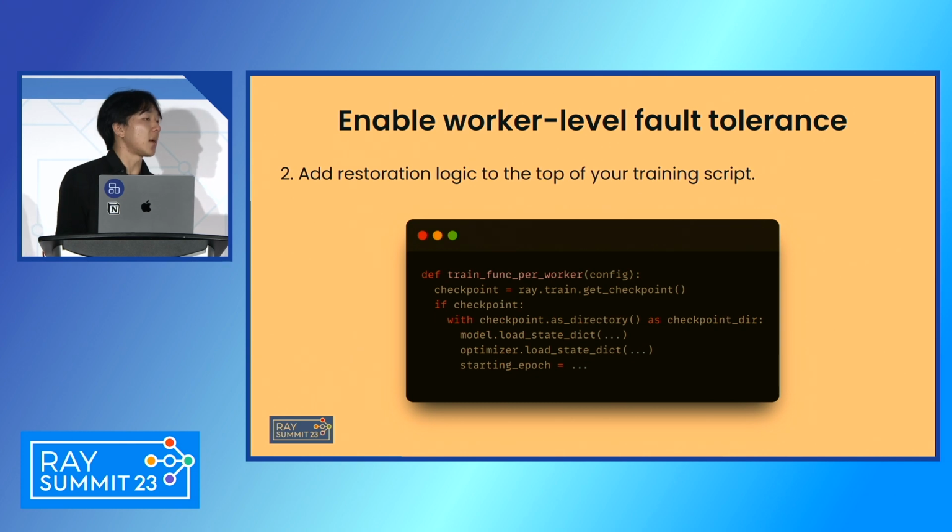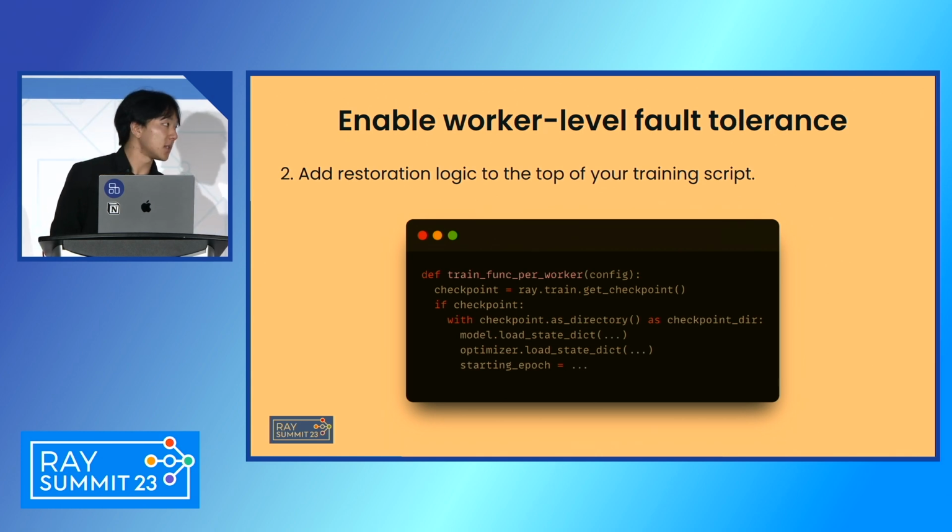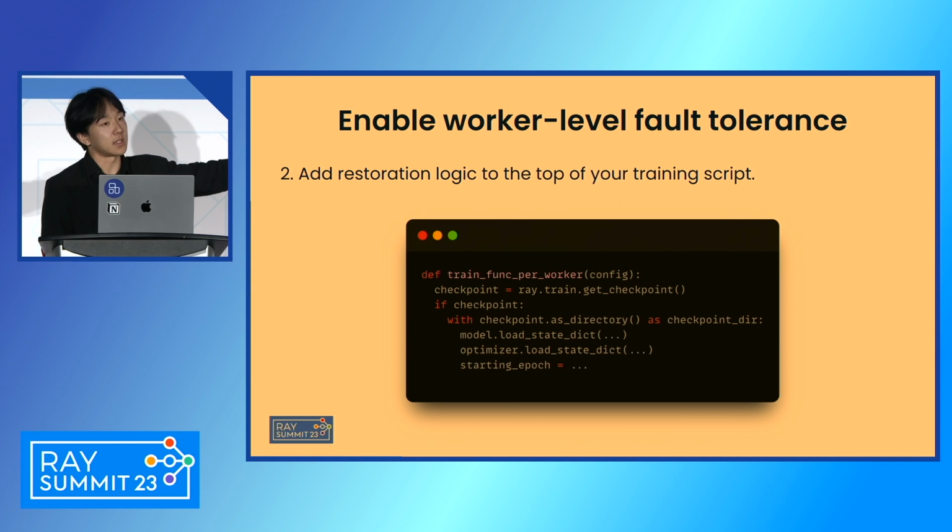The second is what happens after the node gets brought back up and you start resuming training. You relaunch the training job on the new set of 4 workers. So in this case, we want to add restoration logic to the top of our training script, and we provide a pretty lightweight API to do this. We take ray.train.get_checkpoint, which gives you the latest checkpoint, and in the case of a restored experiment, this will be populated automatically by Ray Train.